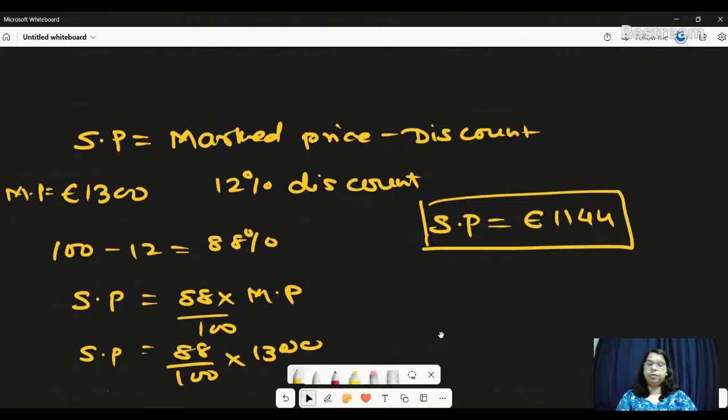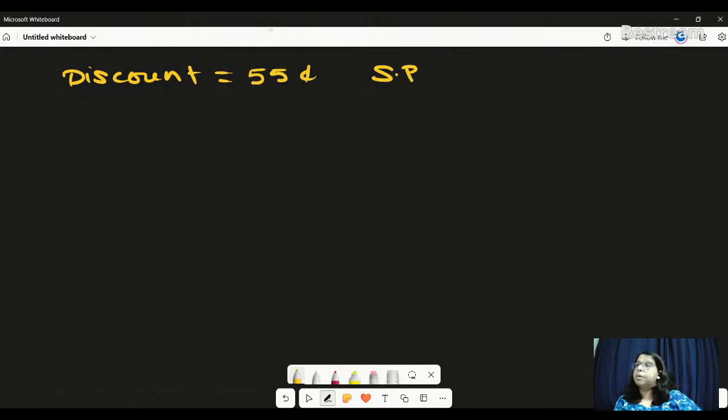Now they have said that discount is equal to 55 cents and selling price is equal to $2.45.